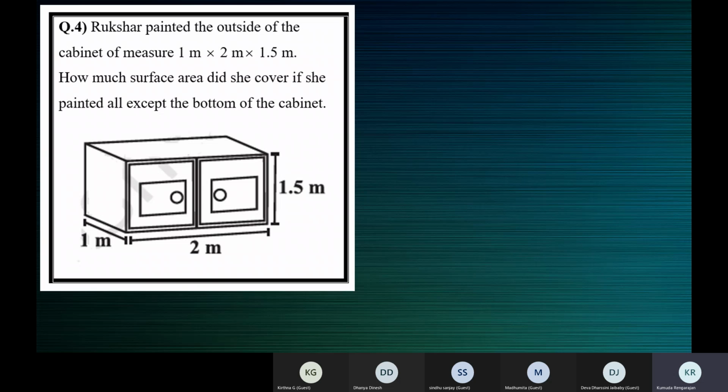Rukshar painted the outside of the cabinet of measure 1 meter by 2 meters by 1.5 meters. He painted the outside. You can see the length, breadth and height is given.